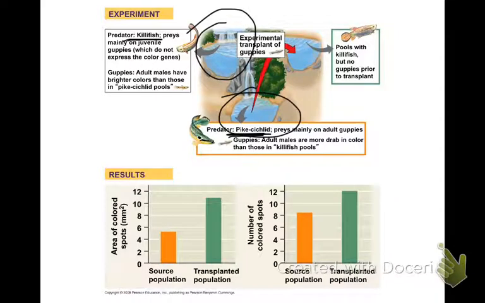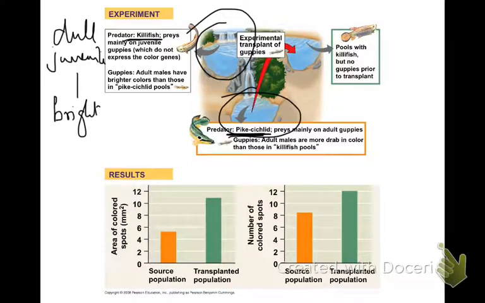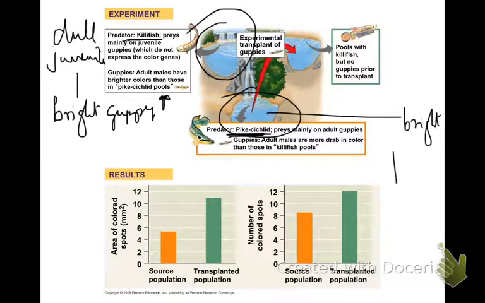This killifish liked to eat dull juveniles, younger ones, in which case the brightly colored guppy population was high. In this particular pool, these pike cichlids ate only the bright ones. So the dull adults were higher in number in this one.